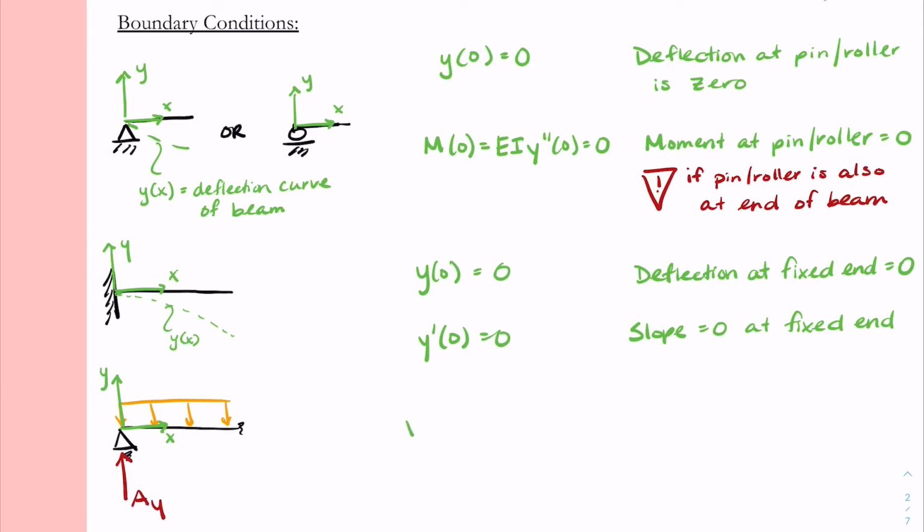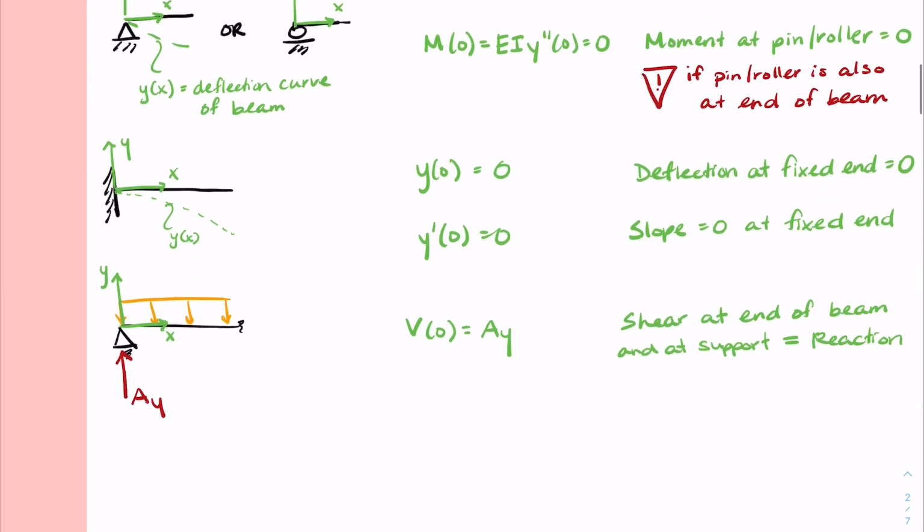Namely, we would have in this case that the shear at 0 would equal whatever the reaction was, because we know that reaction will cause an immediate jump in the shear, and then the shear will start going down because of that distributed load. So shear is related to the third derivative of y, as we saw in our notes. So we'll keep that in mind. EI y triple prime is going to be equal to the shear. The shear at 0 would be the support reaction.